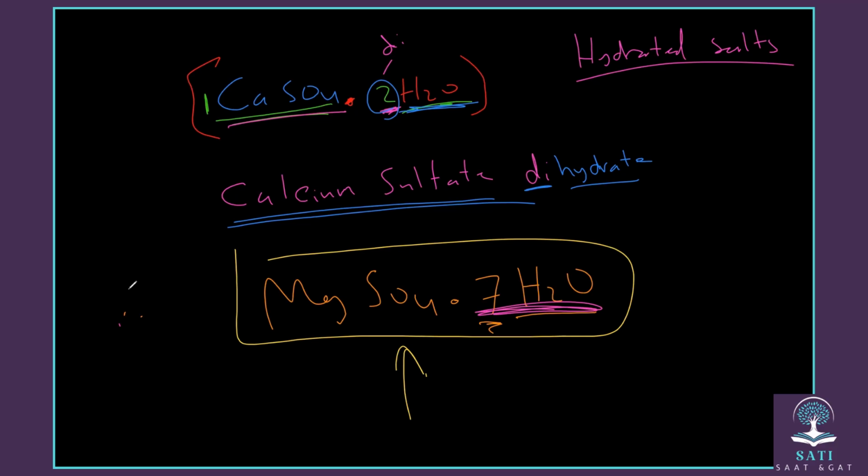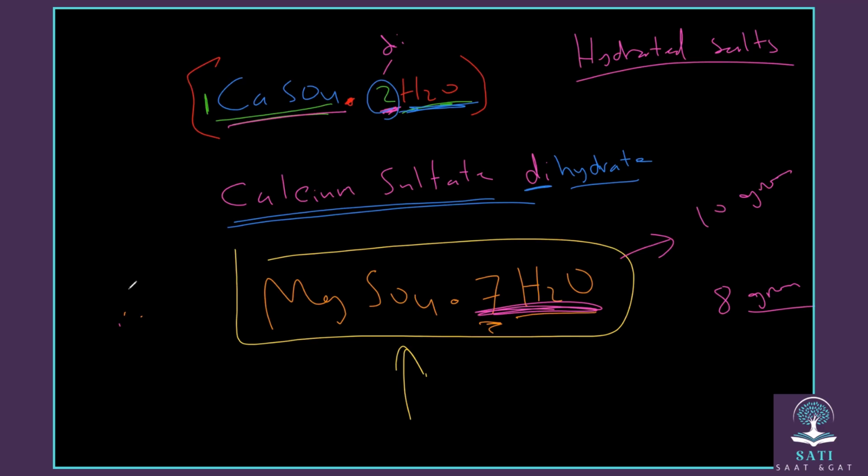Good. If a question comes to you, they're going to tell you that the mass of the hydrated salt, for example, is 10 grams. After we heat it, its mass becomes 8 grams. Then they ask you what was the mass of water molecules attached to it.